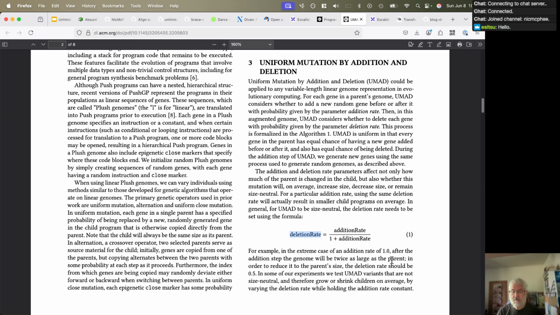Some simple math says that if the deletion rate is the addition rate over 1 plus the addition rate, you will, on average, have the same length. This requires you do the addition step before the deletion step, and it gives you a slightly lower deletion rate than addition rate.